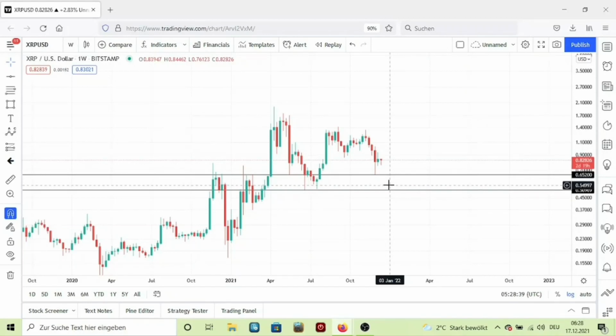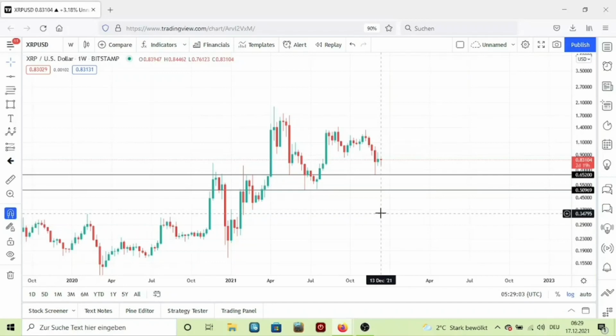Let's even say here 55 to 62-ish. Any move below this, and we really can expect some moves to 35, 30, worst case 22.